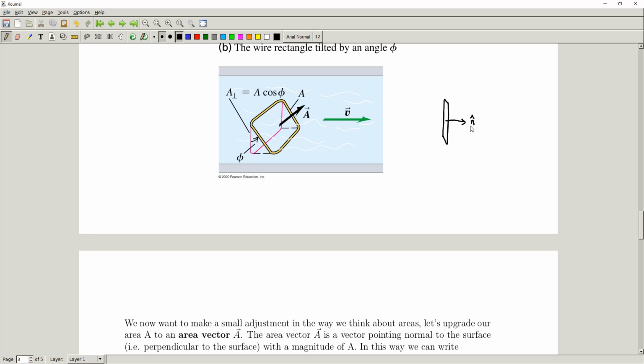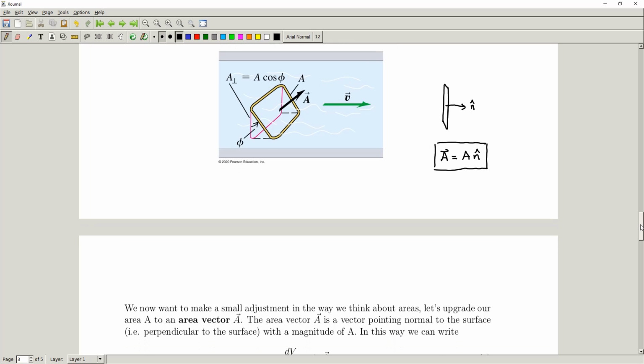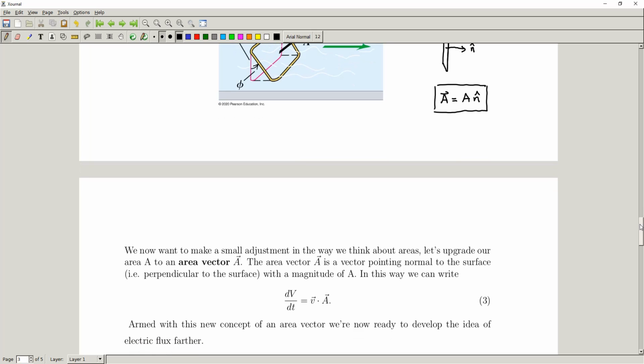So our vector A is going to have magnitude A, the area of that surface, pointing in a direction normal to the surface. And maybe this is a useful way to think about it and keep that idea in your head.